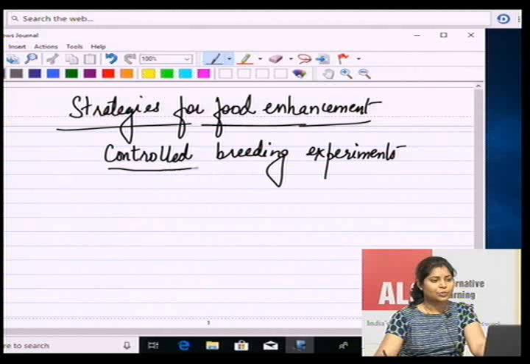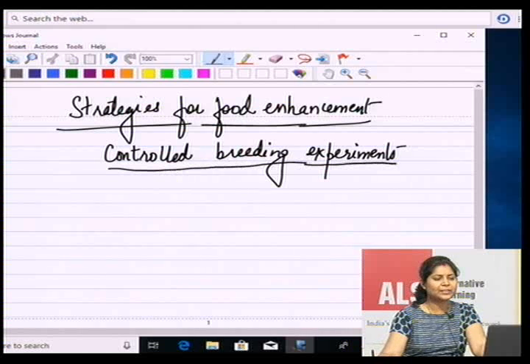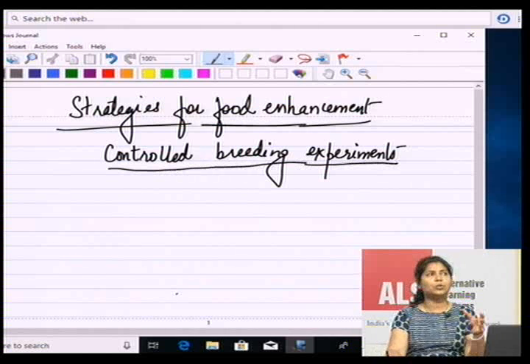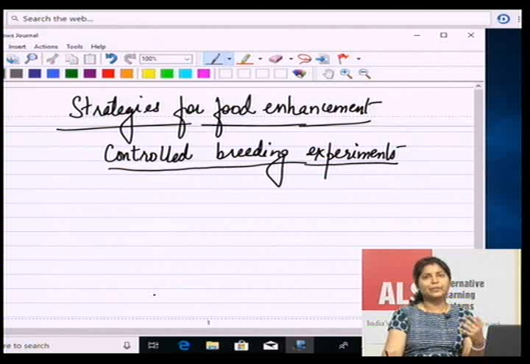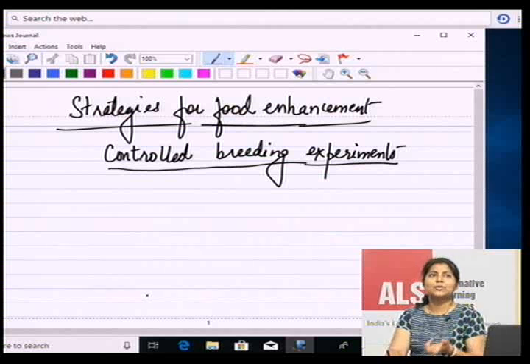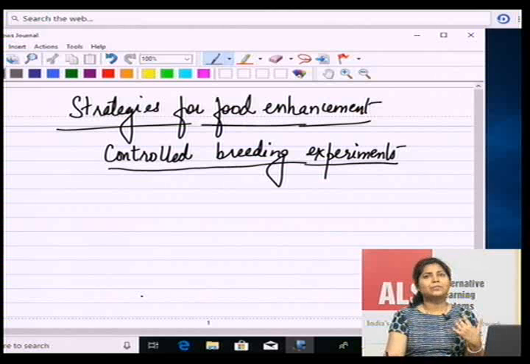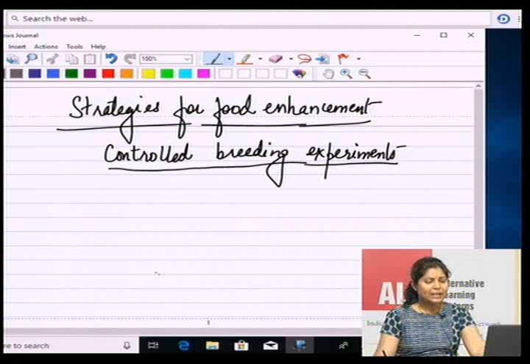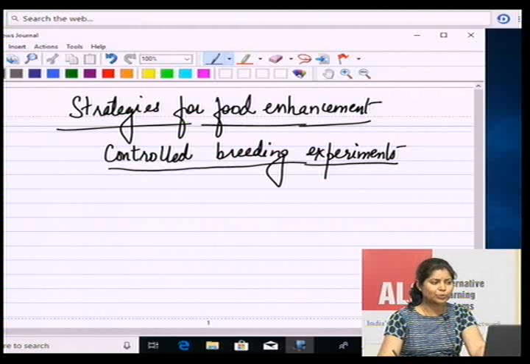What are controlled breeding experiments? Obviously, they control the type of breeding we wish for. There is a natural method of breeding, and there is something which is controlled. Controlled means human control is over that particular process, and we have classified them into 3 different sections.